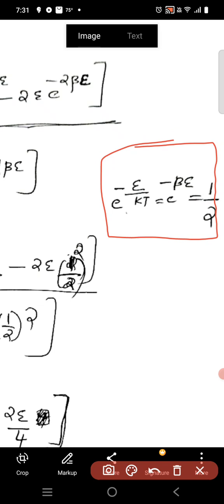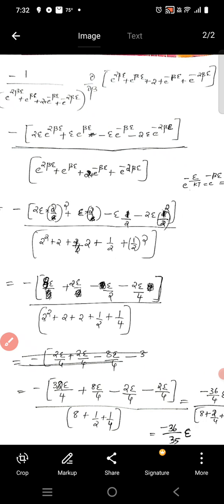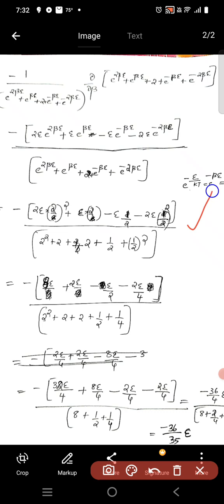Also, e to the power beta epsilon is 2. So we substitute all these things here. As we substitute e to the power minus beta epsilon as half and e to the power beta epsilon as 2, you finally get this result.